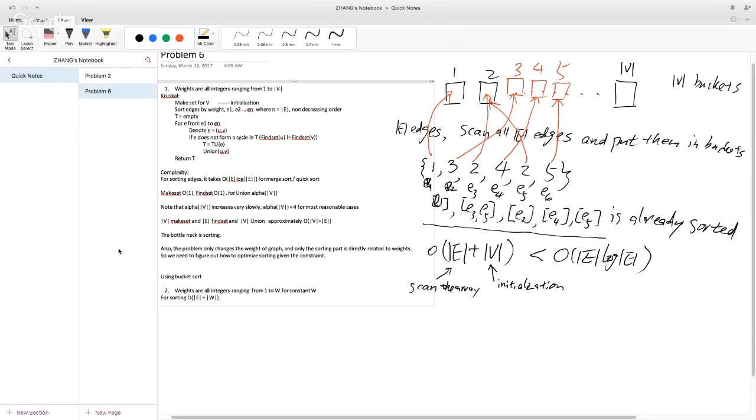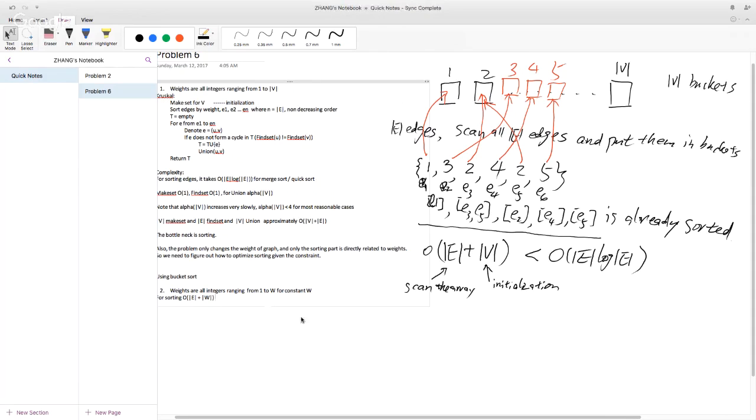If we follow the same method in the first case, we get the sorting in O(E plus W). But what if W is huge?